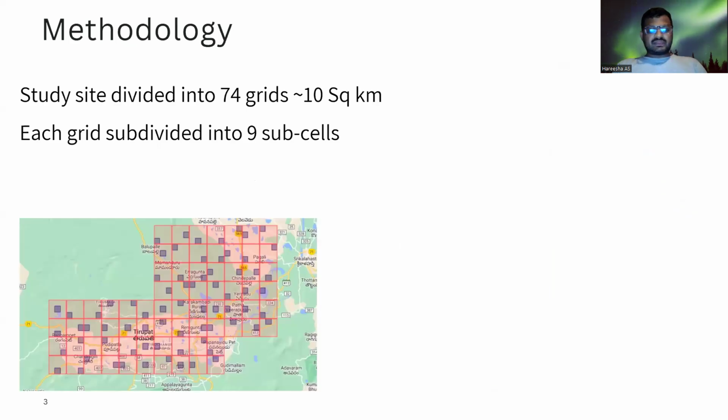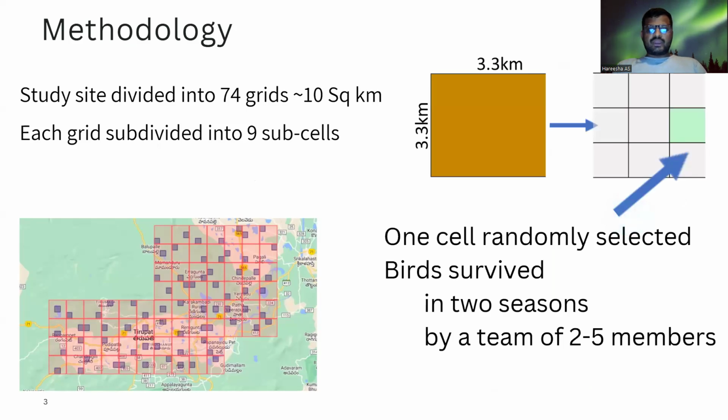Coming to the methodology followed in the Tirupati Bird Atlas, the study area is divided into 74 grids, each of 3.3 by 3.3 kilometers, roughly 10 square kilometers. Each grid is divided into 9 subcells, each of 1.1 by 1.1 kilometers.